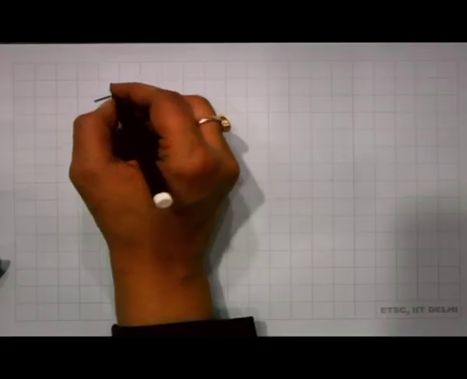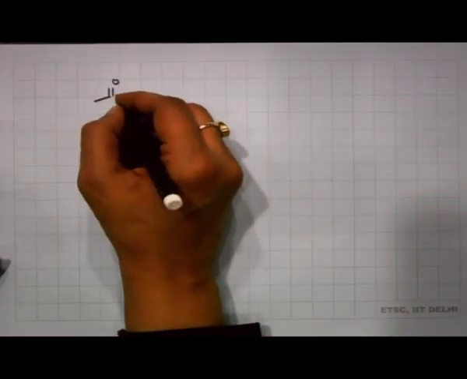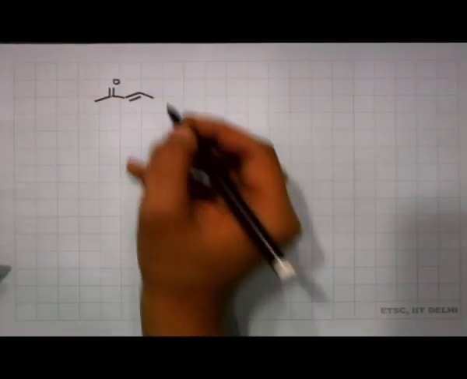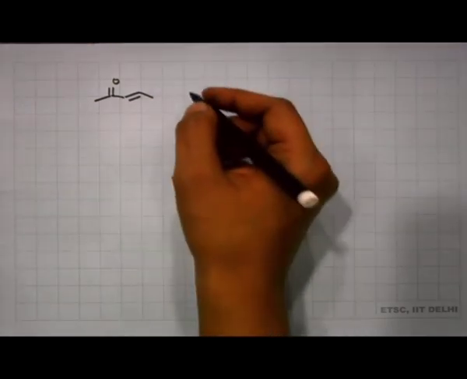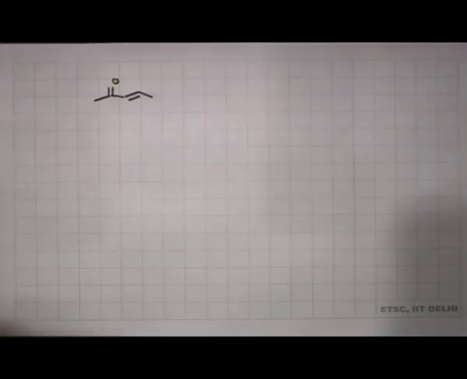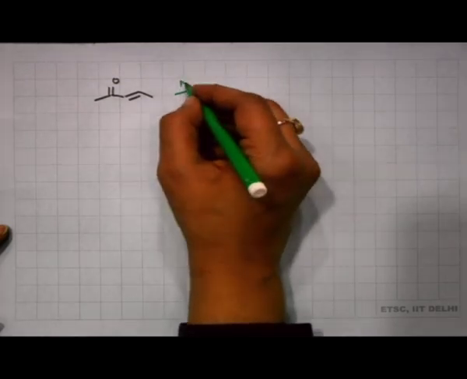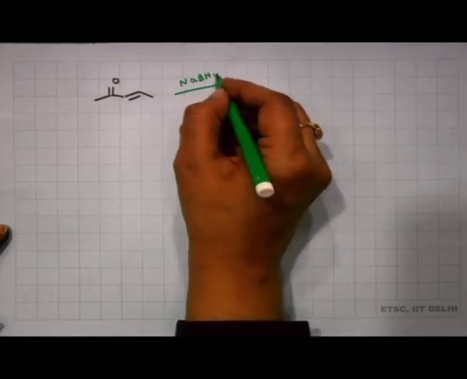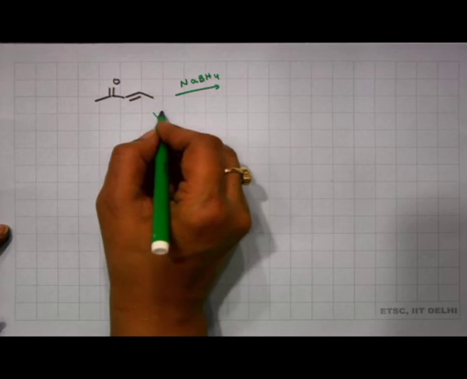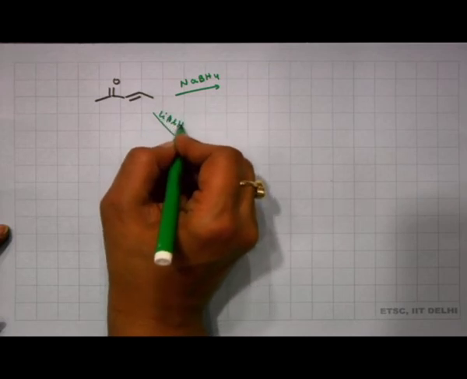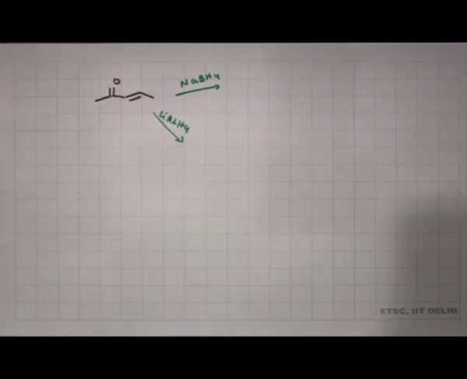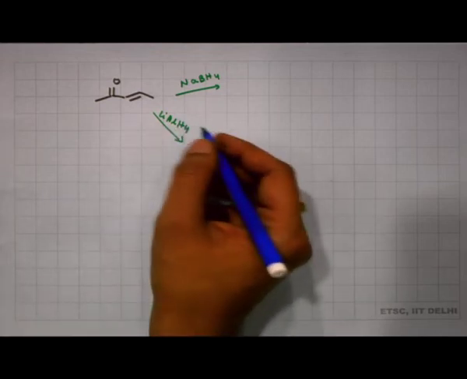Let us see a few more examples. What happens when we have conjugated carbonyls? So, if you have any such alpha beta unsaturated carbonyl system and you treat it with sodium borohydride and you treat it with lithium aluminum hydride, is there any difference in the products, or do we get identical products in both the cases?